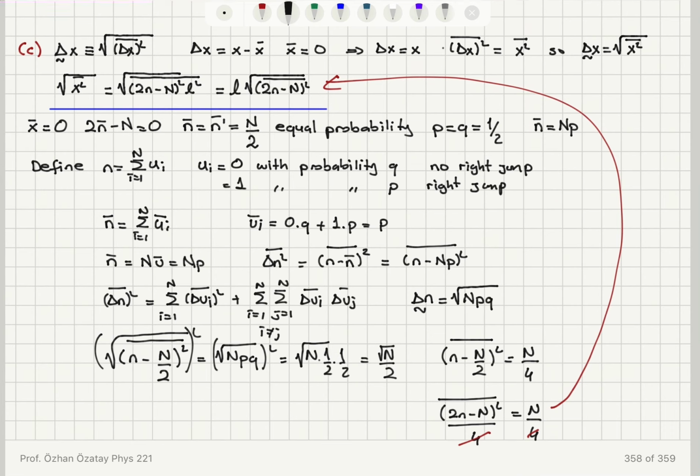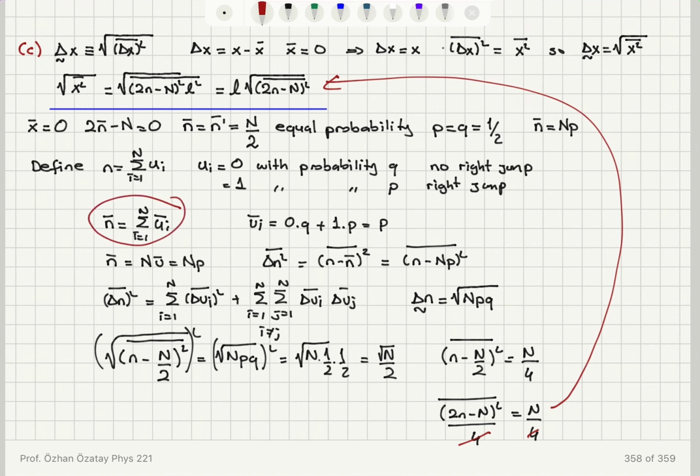So we have n bar equal to capital N times p, and similar to what we did in the lecture, the delta n square bar can be calculated using this definition.